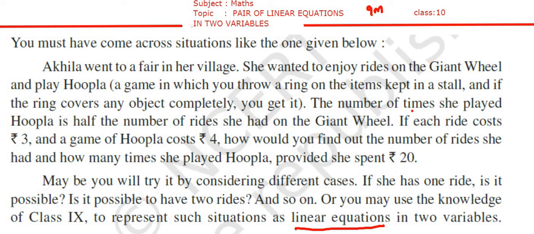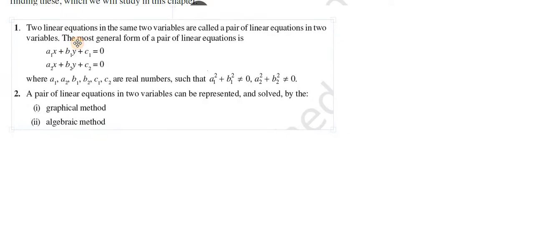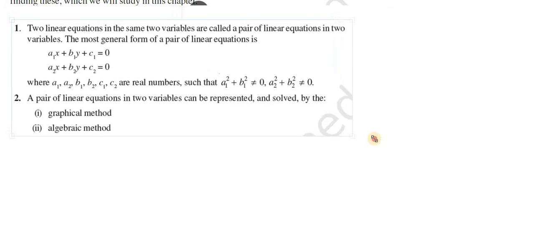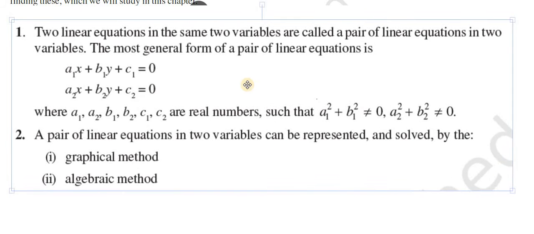For this chapter you need to keep the graph book, which is provided in the school. The first thing we have to do is in the graph only. Before going to the graph, you should write these things in your classwork. What do you mean by a pair of linear equations in two variables? You can define it like this: two linear equations in the same variables are called a pair of linear equations in two variables.